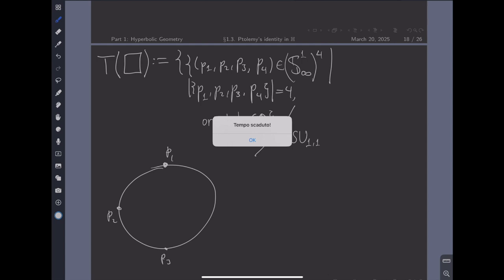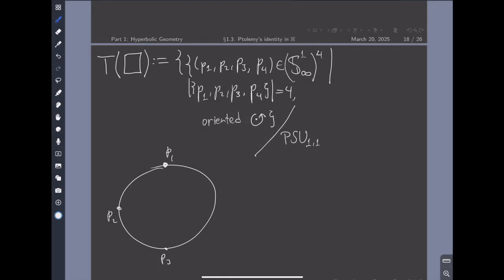And then you have 1 degree of freedom, which is all the open interval between P1 and P3. So T of the square is going to be one-dimensional, because you have 1 degree. At least intuitively, it's clear that you have 1 real degree of freedom. Okay. So see you tomorrow.